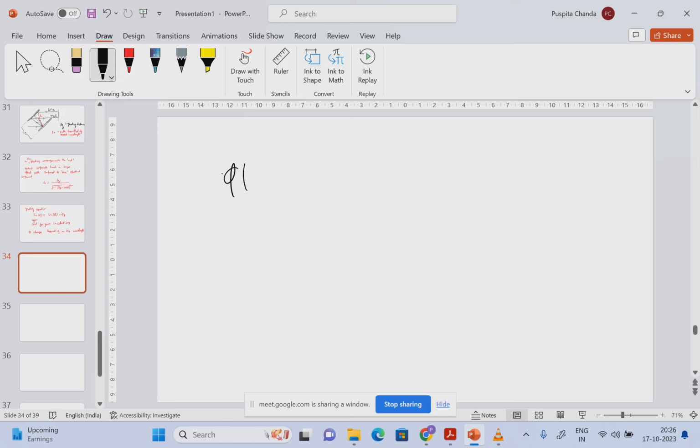Now, phi of omega, the spectral phase, is equal to omega by c into the path, which is omega by c into the optical path. KL is the optical path.